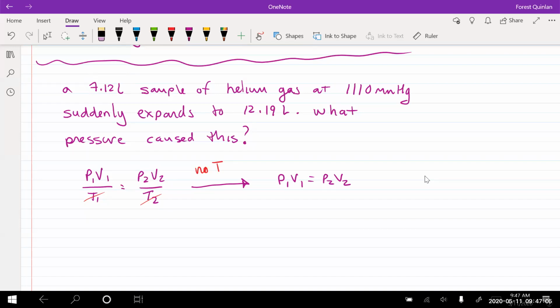I'm going to say that is my V1. Then we have this word at, which means that volume is tied to this 1110 millimeters of mercury, so that must be the P1. And then of course I have this expands to, which means I'm going to a different set of conditions, so that is now a V2. I'm asking what pressure, so that's what I'm looking for: the P2.